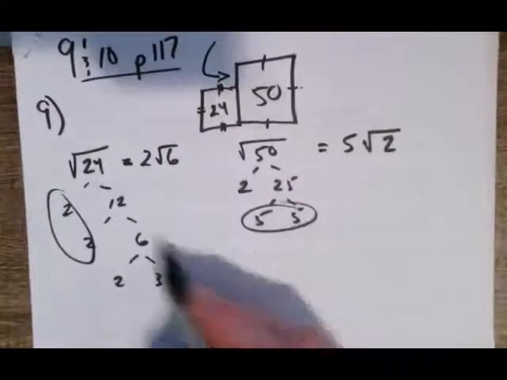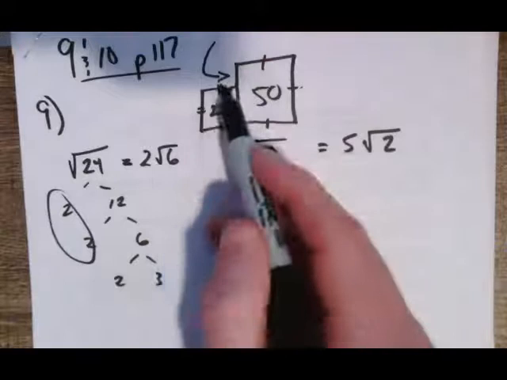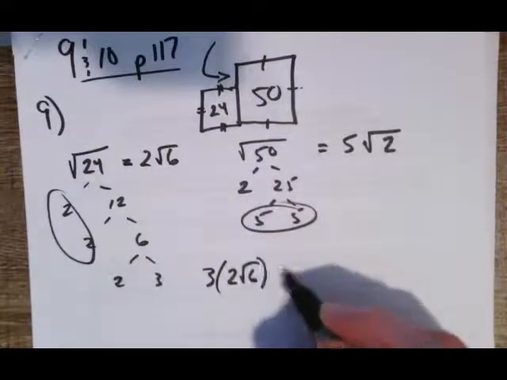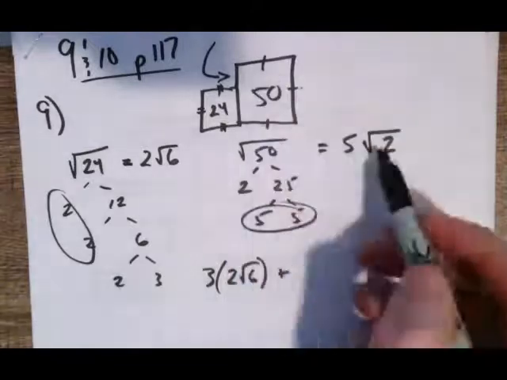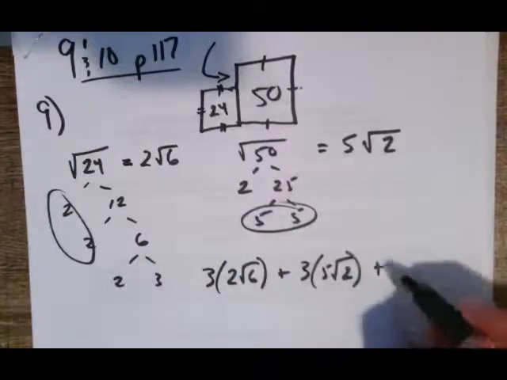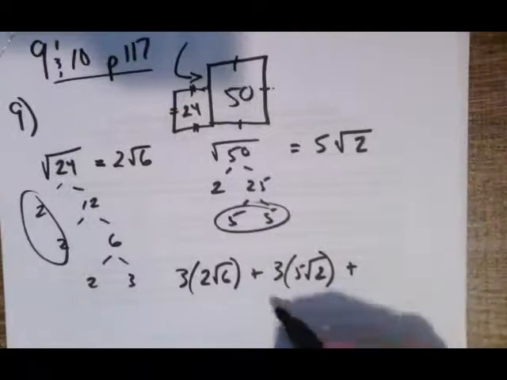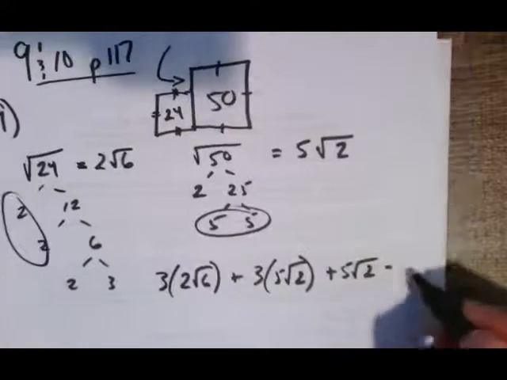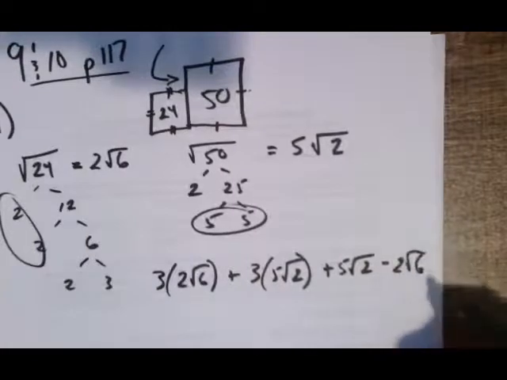So, to summarize here, 3 of these, 1, 2, 3: 3 times 2 root 6, plus 3 of these, 3 times 5 root 2, plus, and I'm going to run out of space here, 5 root 2 minus 2 root 6.